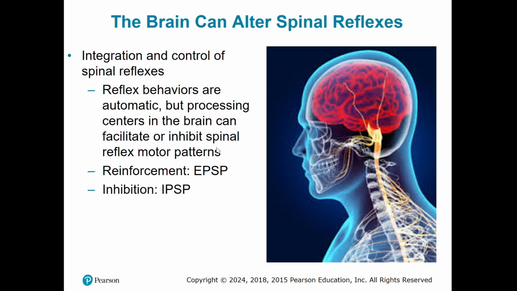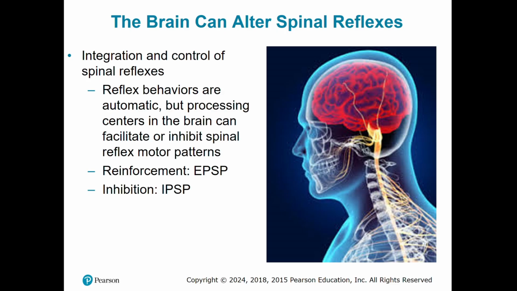If we're talking about reinforcing the different reflexes you have, the EPSP is going to happen. Like we mentioned in chapter 12, the EPSP stands for excitatory postsynaptic potential. And when that happens, the EPSP means that the postsynaptic neuron is more likely to fire an action potential because it is excitatory. So during reinforcement with the brain, we're going to cause that to happen more quickly.